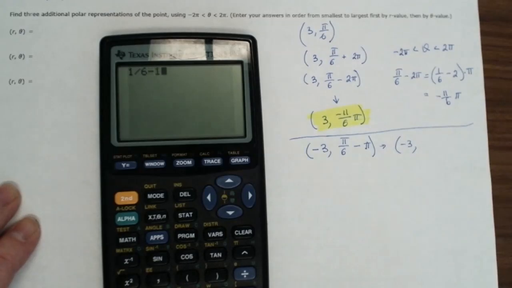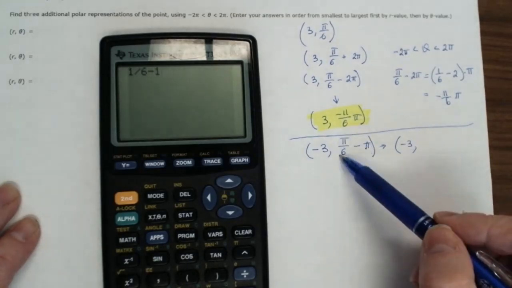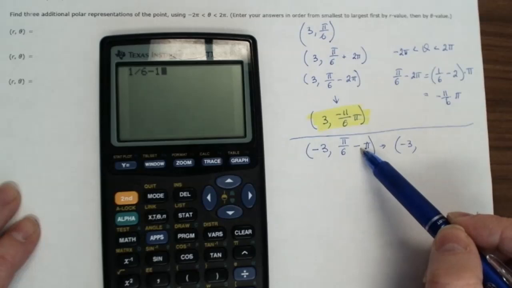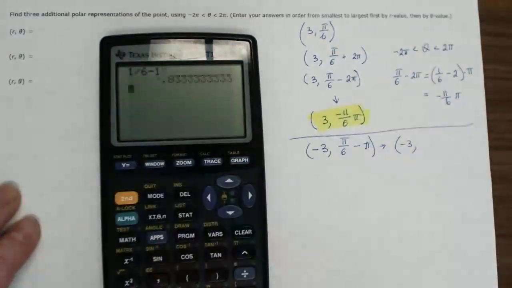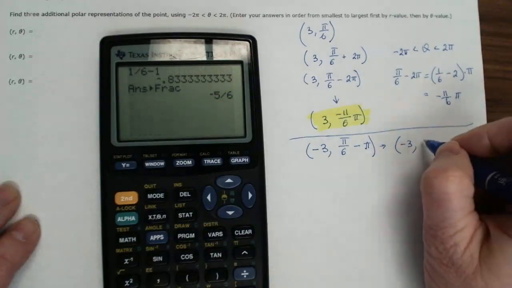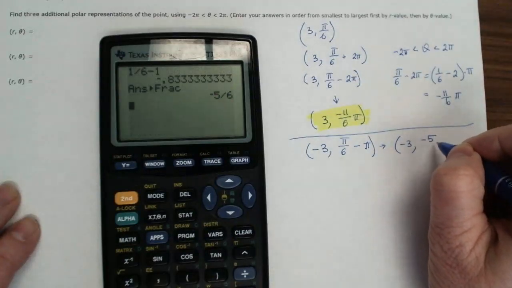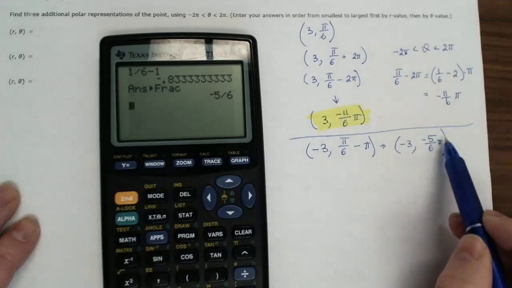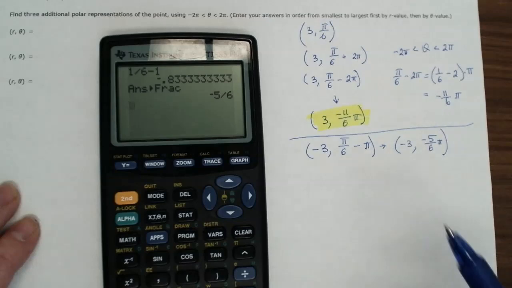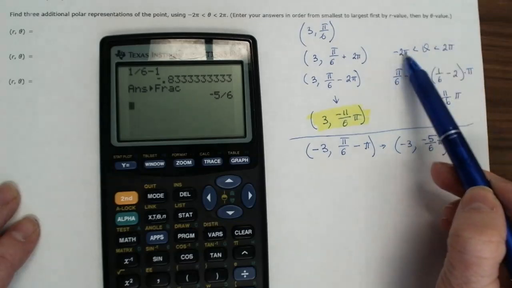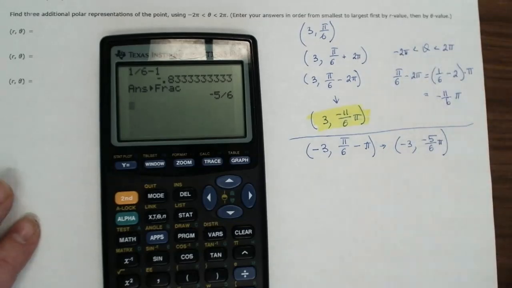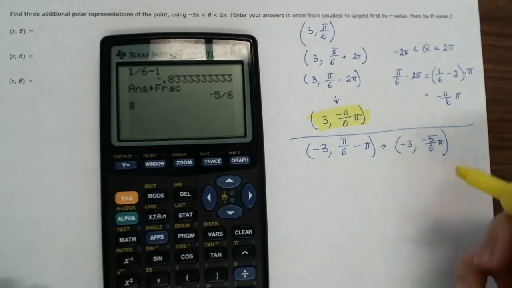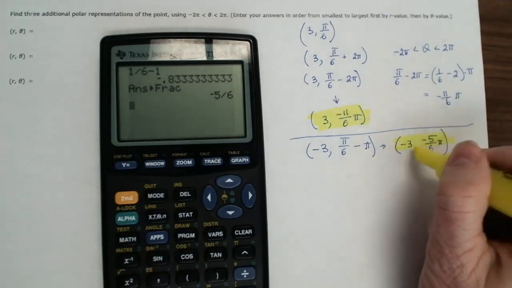So it will be 1 over 6 minus 1. Again, change it to a fraction. It will be negative 5 over 6 pi. And again, this angle is between negative 2 pi and positive 2 pi. So this we can mark as a good answer.